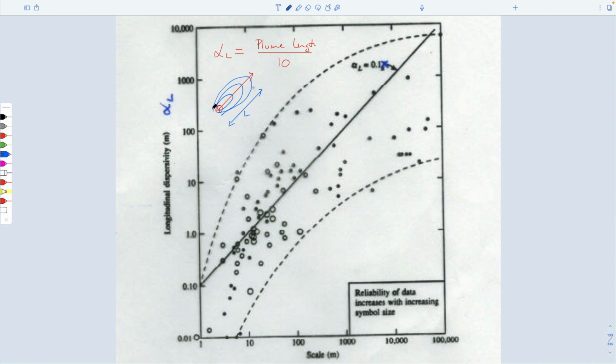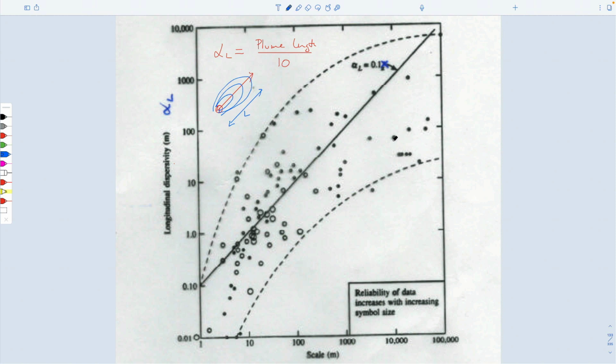So this is the amount of the aquifer that's sampled. If it's early in its life, it's sampled only a little bit. If it's later in its life, it's sampled a much bigger part. And so these are plumes that are sitting at that size, whatever size they are. Maybe they've been in place for a year, 10 years, 100 years.